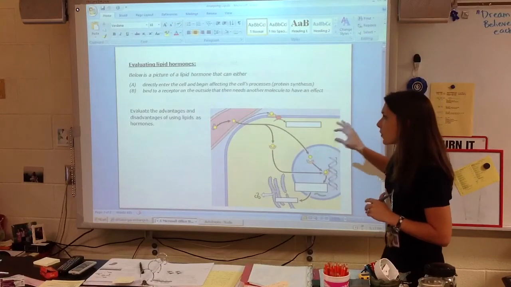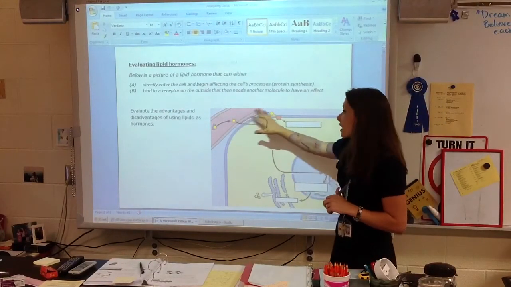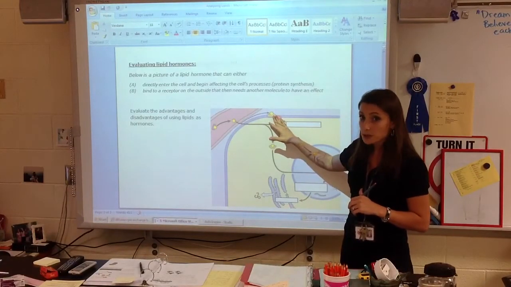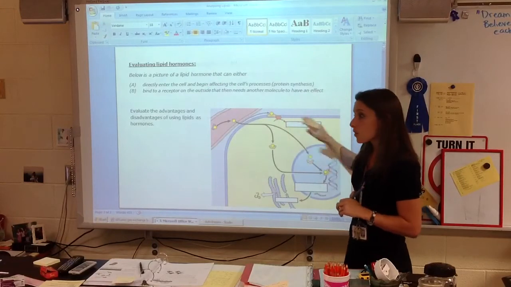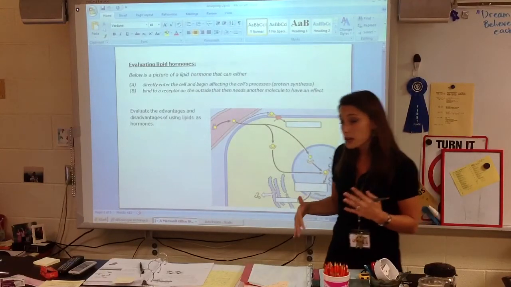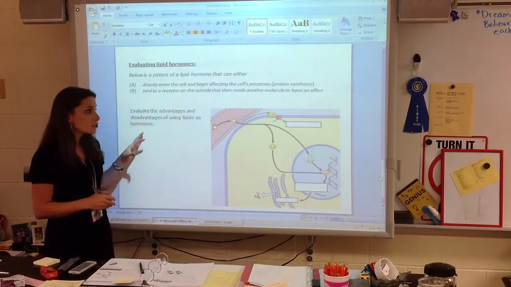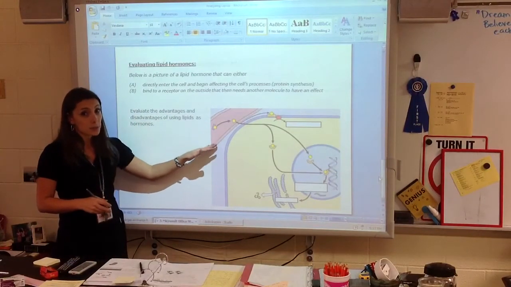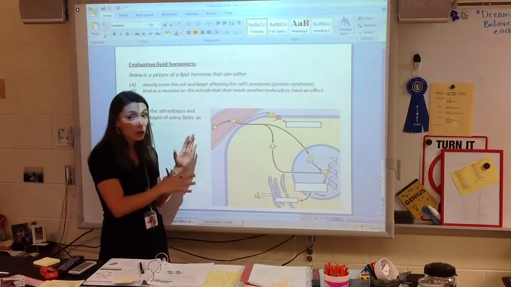And so knowing that the disadvantage is that it's not going to travel well in blood. If it has to bind to a receptor, then it actually has to have what we call a secondary messenger that will help the signal propagate or continue. So keeping in mind the advantages and disadvantages of being a lipid really have to do with that whole layer, the nonpolar.